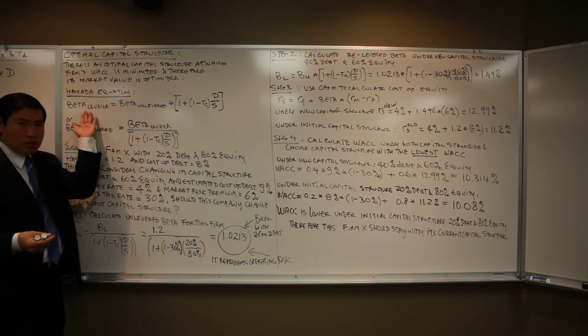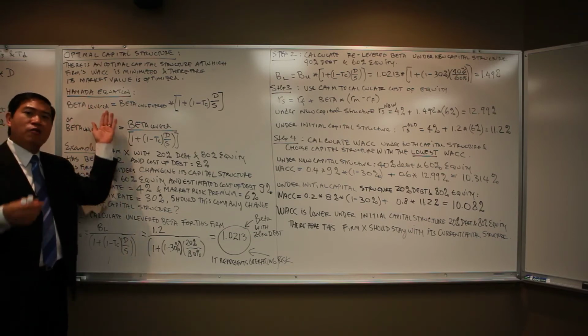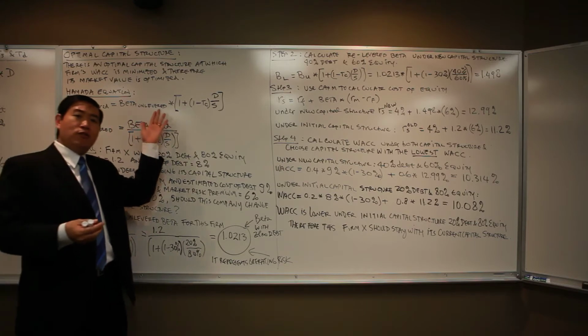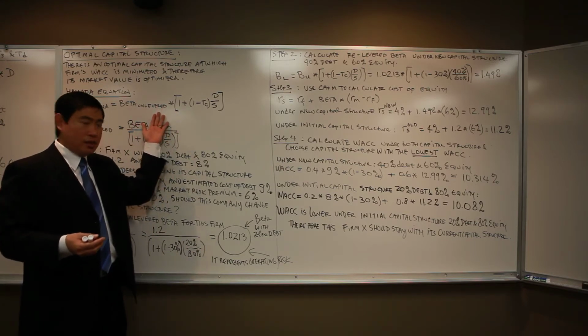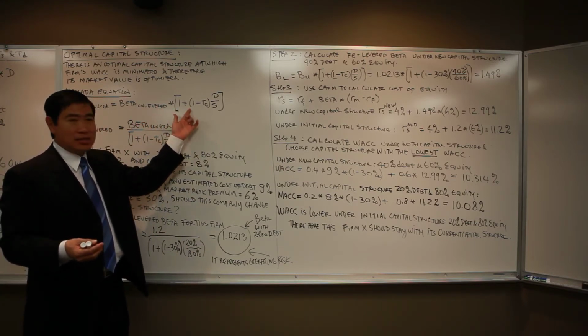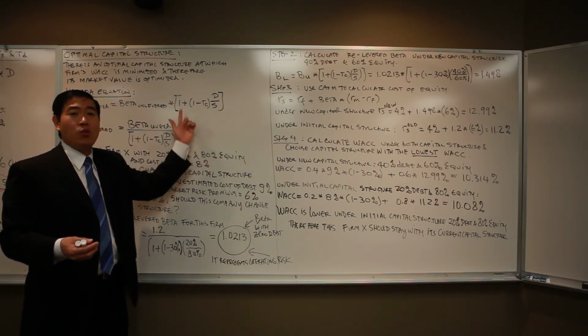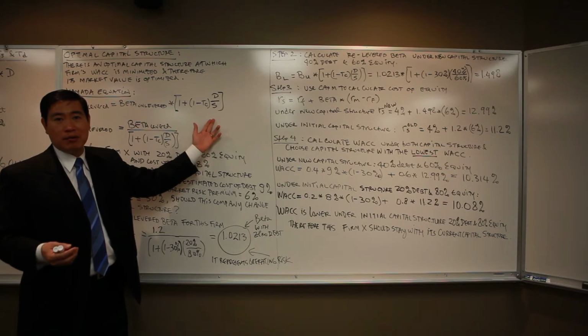The Hamada equation basically explains that the beta for a firm with debt financing is equal to the beta for a firm with zero debt multiplied by 1 plus the after-tax debt-to-equity ratio. Why is it 1 plus? It's basically like compounding, right?